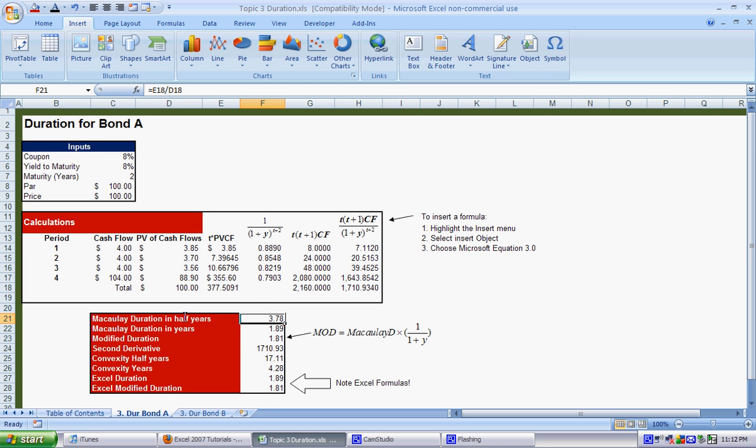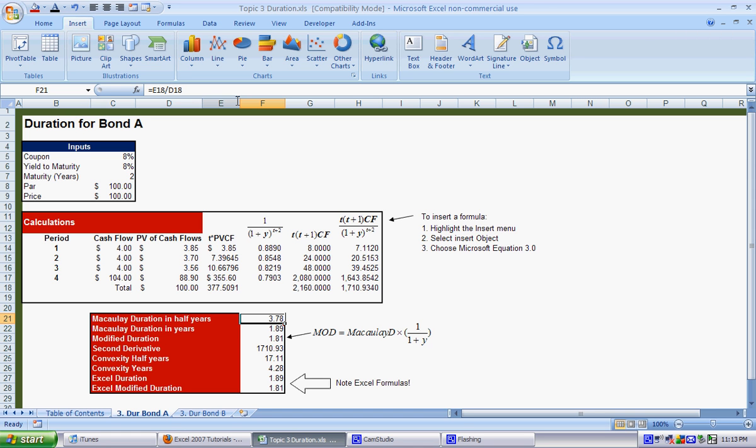The Macaulay duration in half years is 3.78, and you get that simply by dividing the sum of T times the present value of the cash flow by the sum of the present value of the cash flow. Okay, so 377 divided by 100 gives you 3.78.